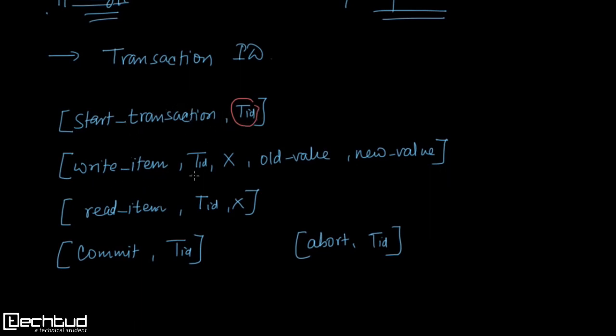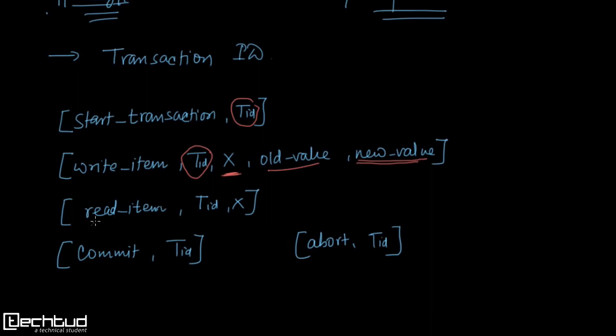Now, write item TID X old value new value means transaction TID writes a database item X where the old value is this and the new value is this. Let me repeat: transaction TID writes a data item X where the old value is this and the new value is this.